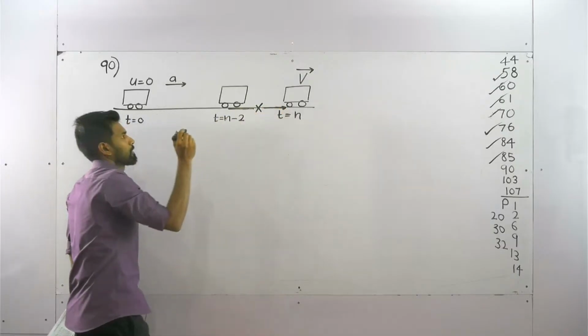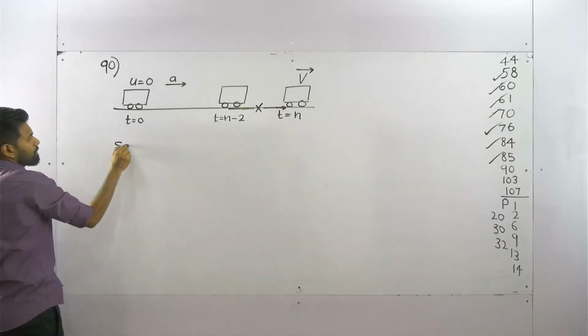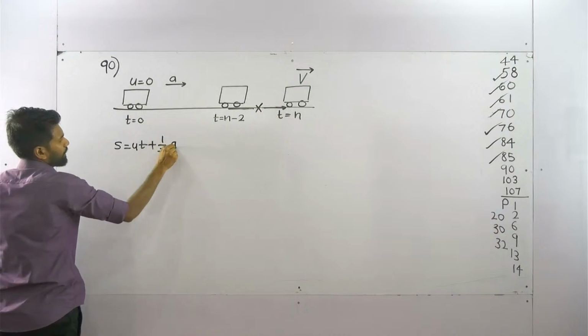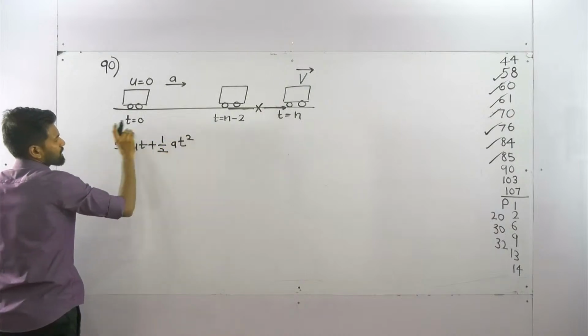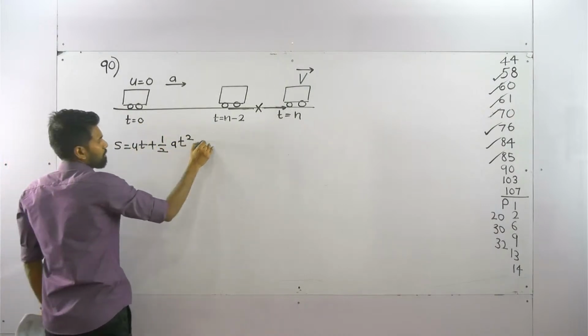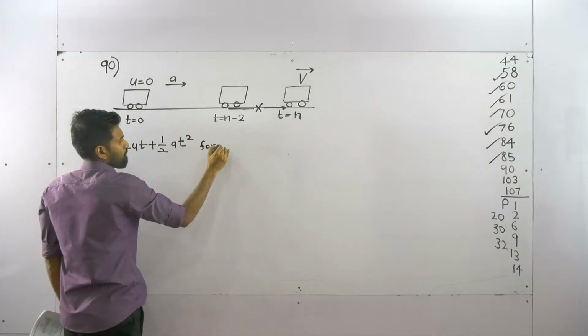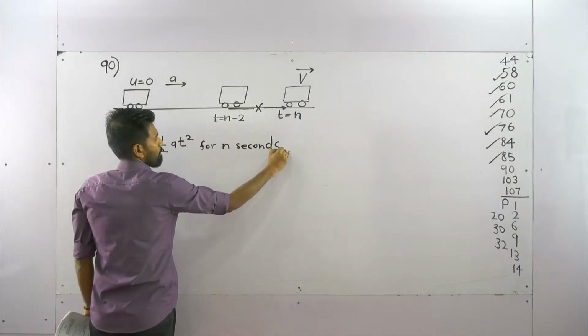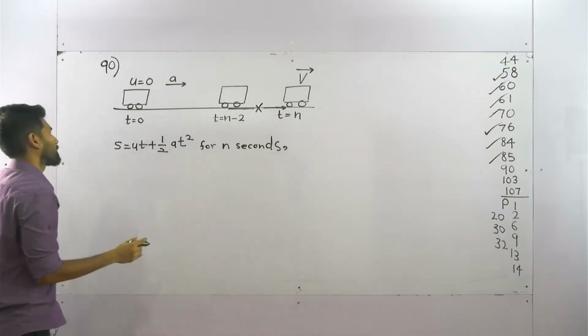I'm applying s equals ut plus half a t square for n seconds from the beginning.